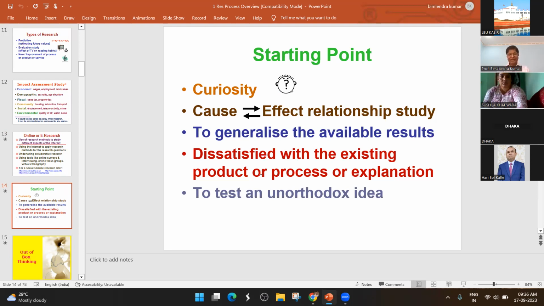The researcher must have inquisitiveness to know what is happening in our day-to-day life and how events are taking place. There must be curiosity to know what is happening and how it is happening. Scholars like Archimedes or any scientist had inquisitiveness to know how things are happening in our day-to-day life.